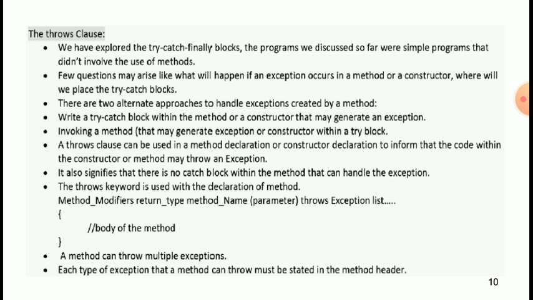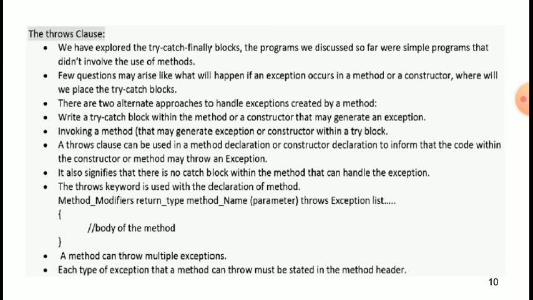There are two alternate approaches to handle exceptions created by a method. One is to write a try catch block within the method or constructor that may generate an exception. The other is to invoke a method or constructor that may generate exceptions within a try block.